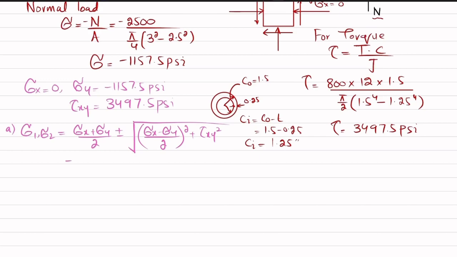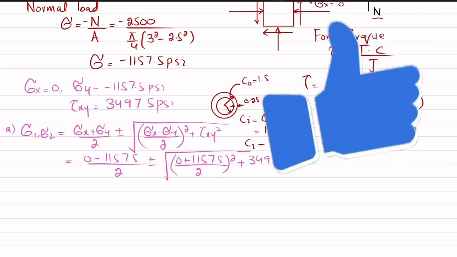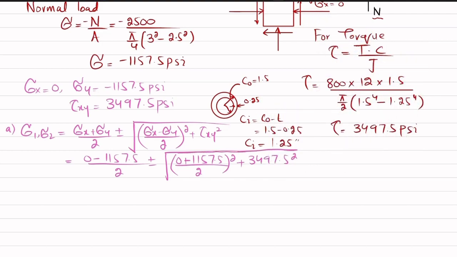So put the value, we have 0 minus 1157.5 divided by 2 plus minus under the root, 0 minus minus will be plus 1157.5 divided by 2 whole square plus 3497.5 square. Clear? That will give you sigma 1, sigma 2.